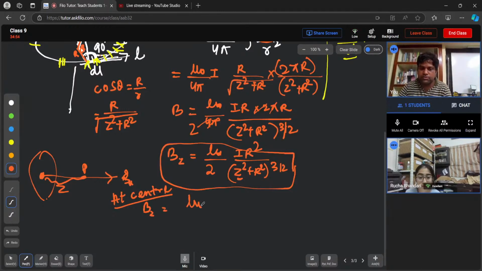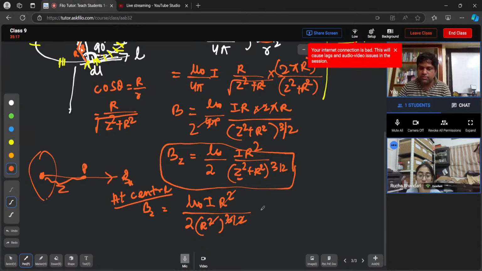So mu naught I by 2 r square divided by r square to the power 3 by 2. The 2s cancel, so r cube upon r square, and basically we are getting mu naught I by 2r.